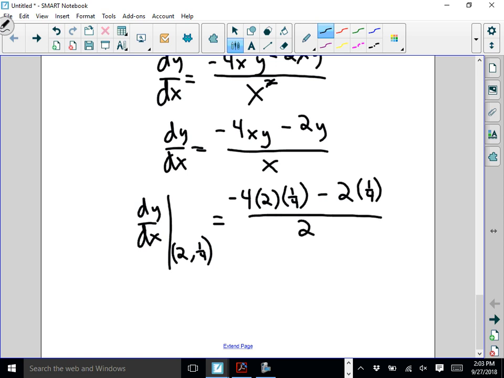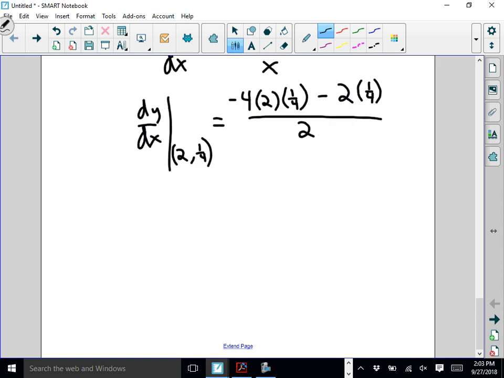I want to get this thing down to what it should be. 4 times a fourth is 1. So this is going to equal -2 minus half over 2.